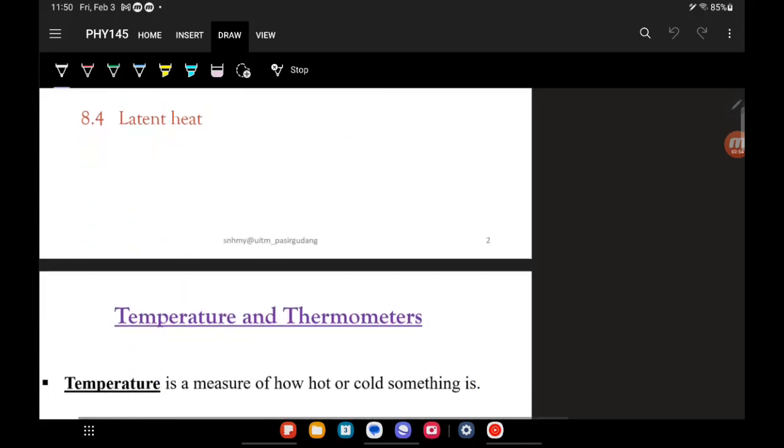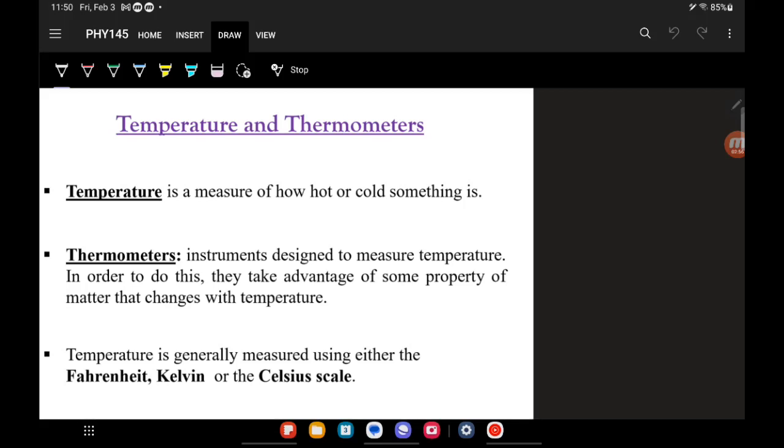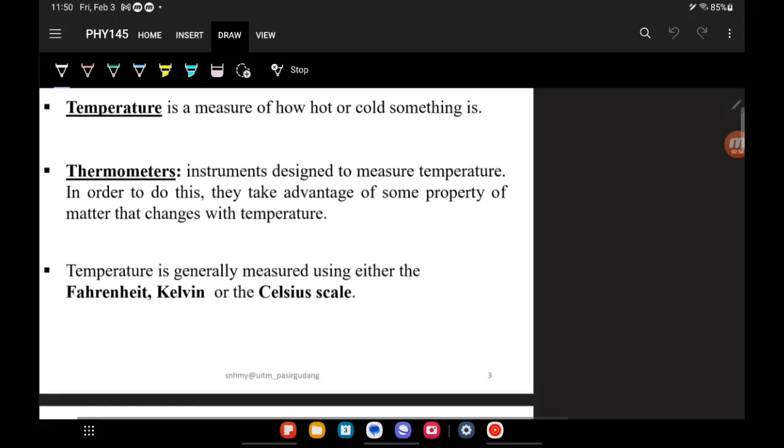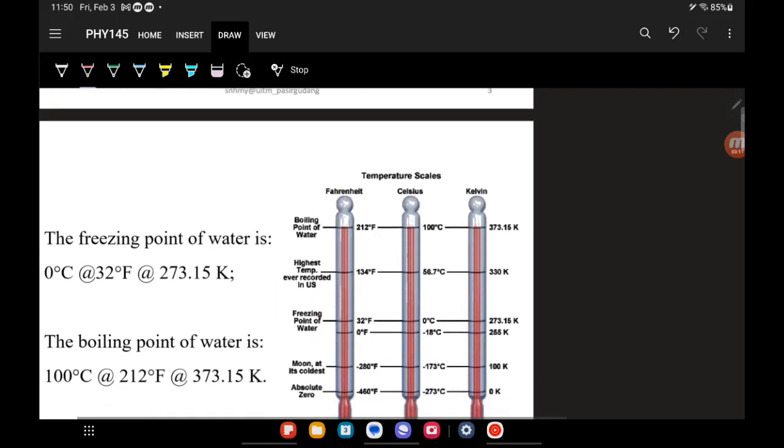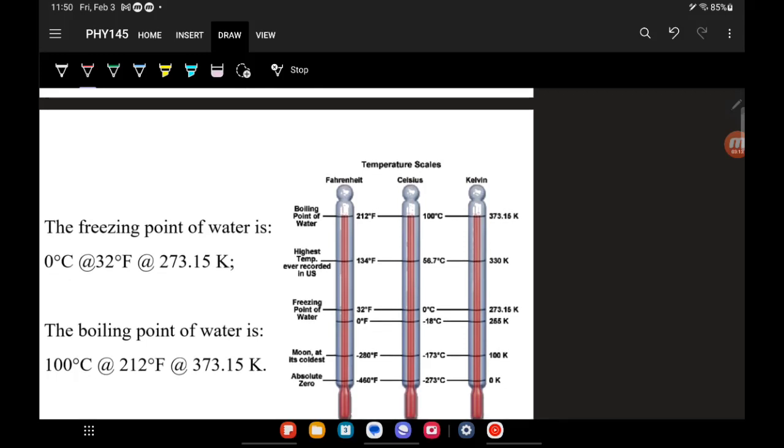Okay, so let's go to the first part. The temperature, I think all of us are familiar with. In this topic we're going to deal with only 3 units, which are Fahrenheit, Kelvin, and also Celsius. We're going to discuss how these 3 temperature scales differ, which leads to the conversion.